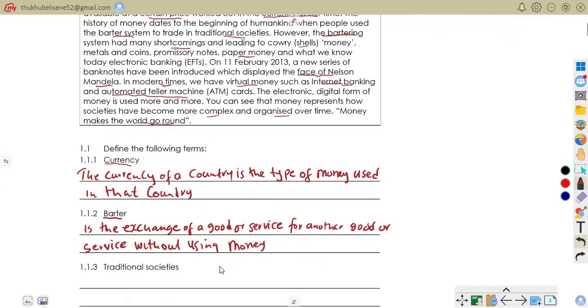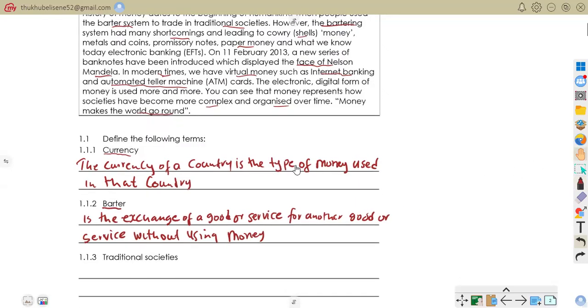So that is a barter system. It means that people swap items instead of paying cash. For example, swapping maize for clothes. That is that. So now let us move on.